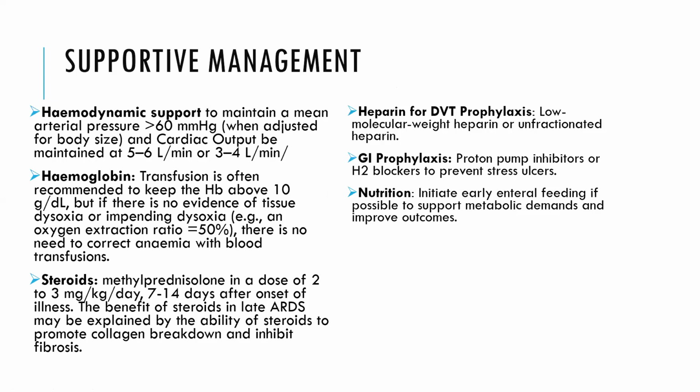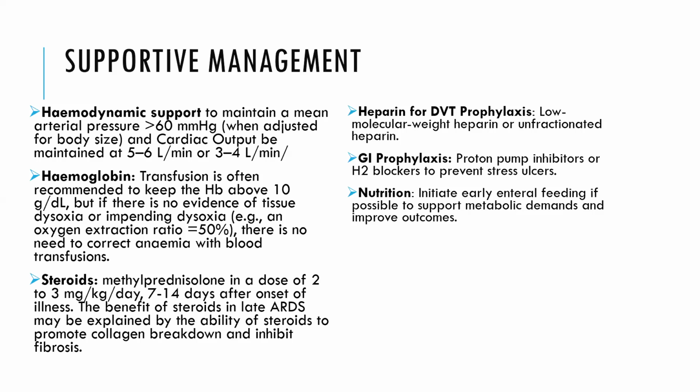You can do this with judicious fluid administration, and sometimes you may want to use inotropes or vasopressors, and you want to achieve a cardiac output of 5 to 6 liters per minute, corrected for the total surface area of the patient. Hemoglobin: if the hemoglobin is less than 10, you may want to transfuse to keep your hemoglobin above 10.